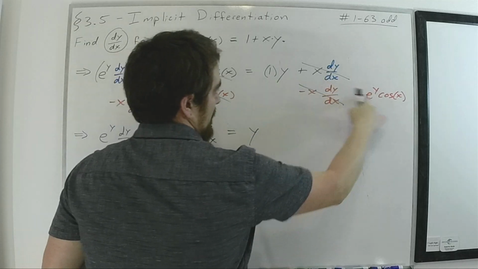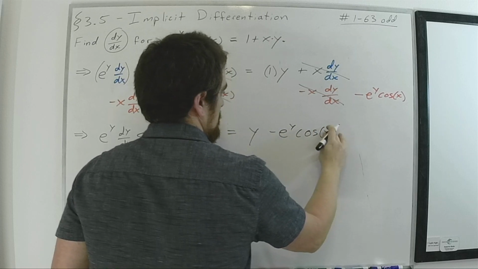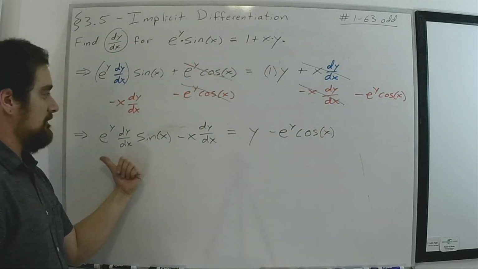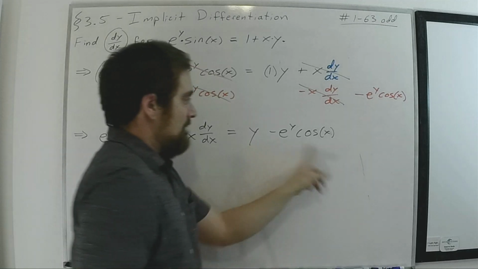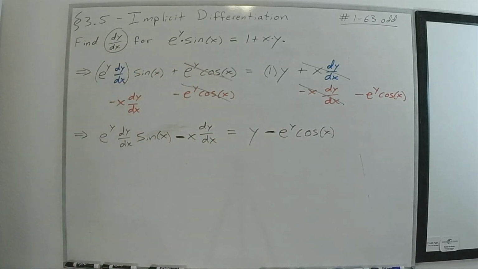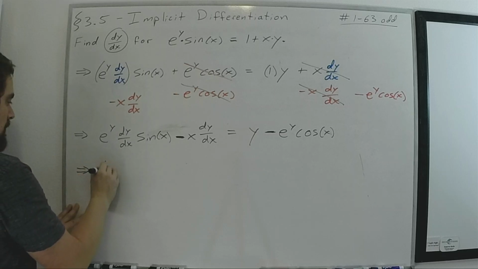These are canceled. I have minus e to the y cosine x. So again, at this stage, you should say, all right, this is all my dy dx stuff on the left. Yes, it is. I got two terms separated by subtraction. Do I have any leftover dy dx's over here that I need? No, I don't. That's just x's and y's. So let's go ahead and factor out dy dx.